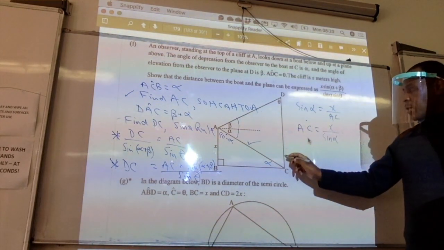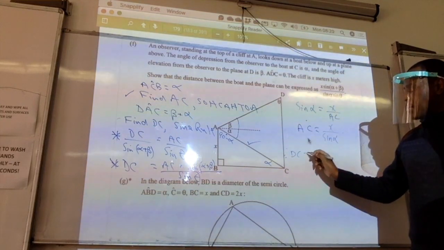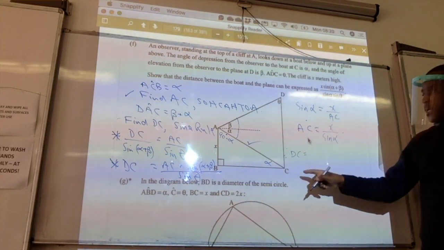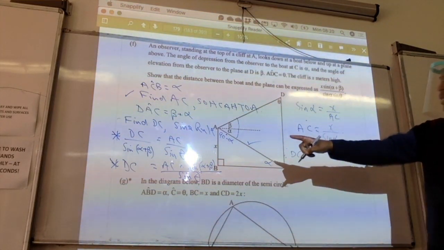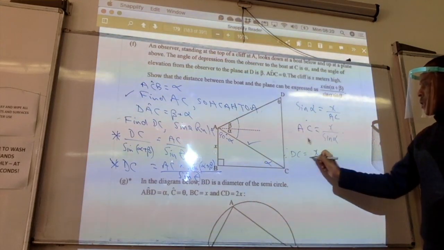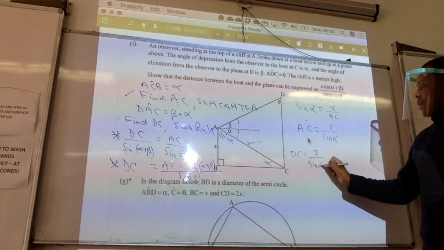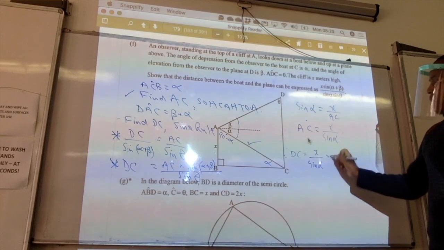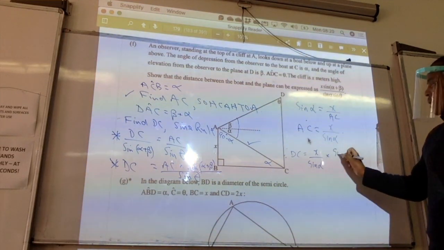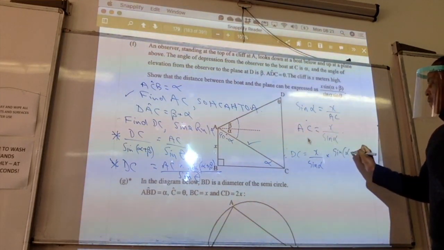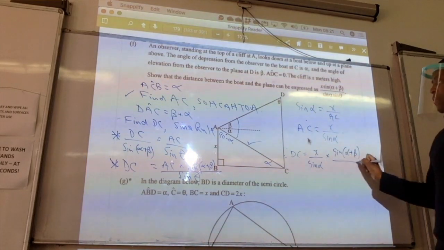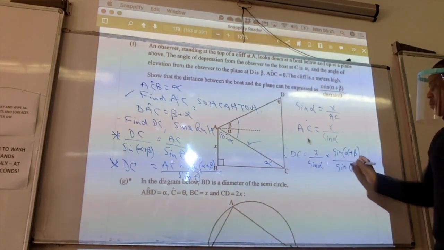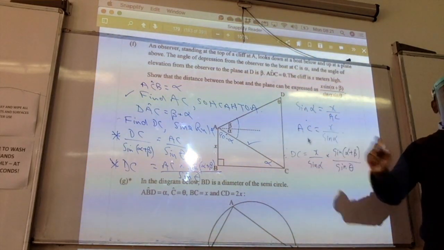So now we can find the distance between the plane and the point. It is the length AC, which is now x over sine of alpha, multiplied by the sine of alpha plus beta, all that divided by sine of theta. I think this is what we get from that.